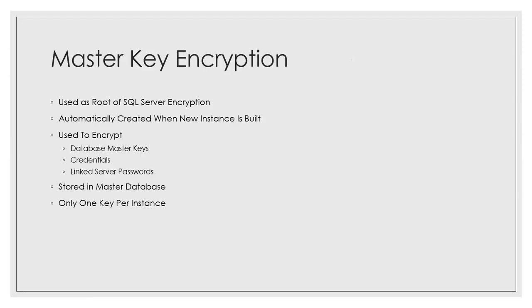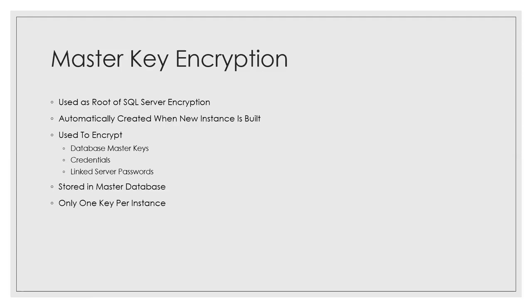Okay, now there's actually something called master key encryption. Now we're talking a little bit more about encryption. This is used as a root of SQL Server encryption, and it's automatically created when a new instance is built. So if we have a new database, if we have a new table, if we have a new anything, this key is created when that's built.